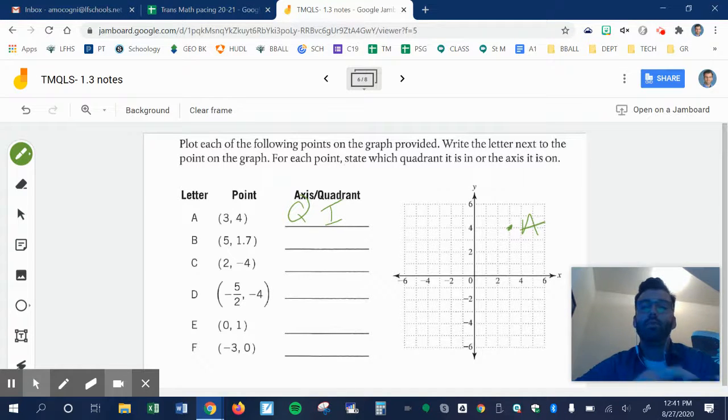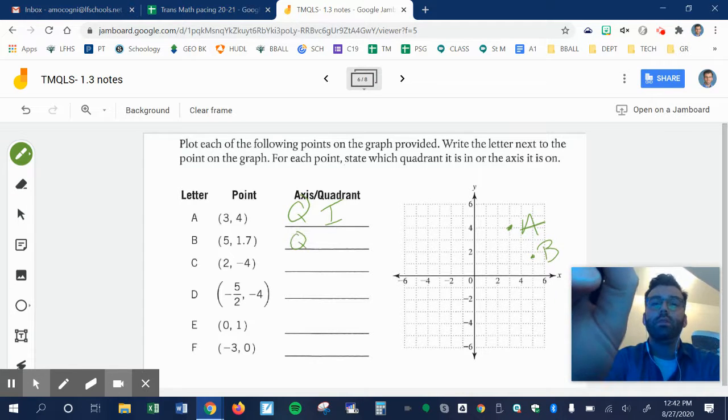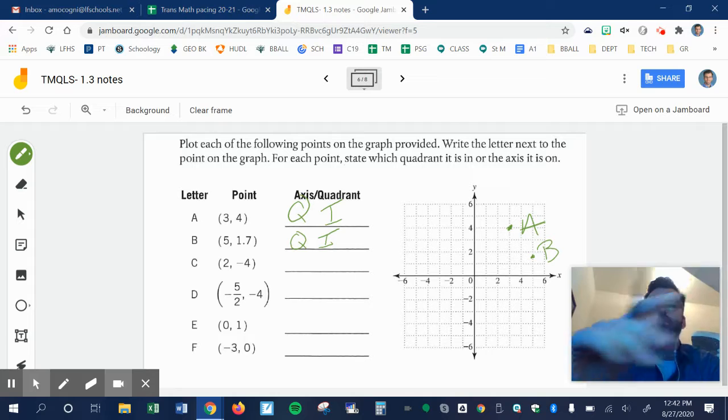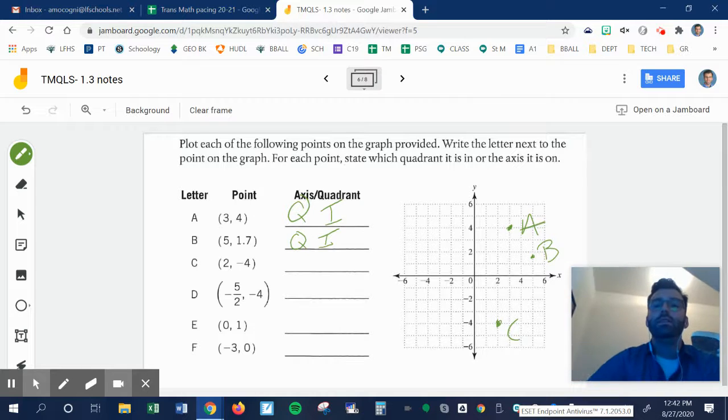Next one, 5, 1.7. So I go over to 5 and up about 1.7. That's about right here. That's point B, and that's also in quadrant 1. Next, 2, -4, down here. That's point C, and that's in quadrant 4.